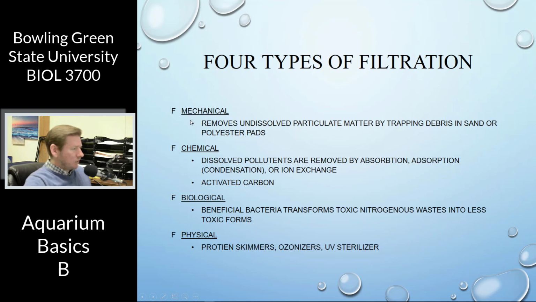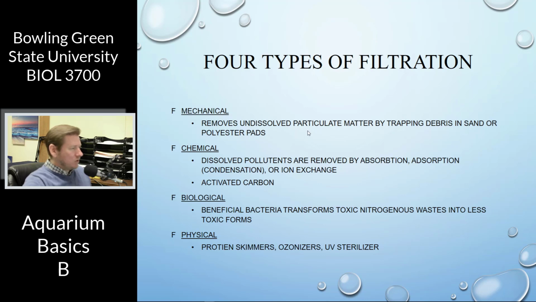So I'll talk about mechanical first, and I'll describe all these in more detail, but a general overview is mechanical is going to remove any undissolved particulate matter by trapping debris or sand, or there's polyester pads that you can put in your tank. So the water's flowing through some sort of a pad that's going to physically screen the water for large particles, which can be removed.